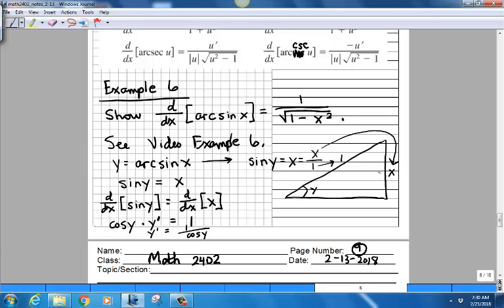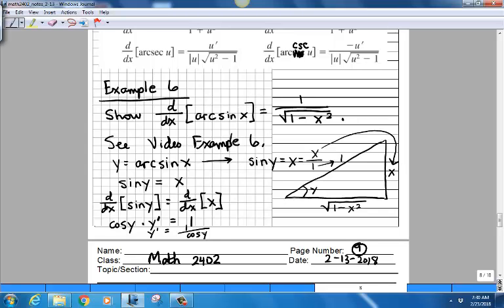Because we know two sides of the right triangle, now we can apply the Pythagorean theorem to find the adjacent side to y. I'm not going to write out those calculations because we've done them before, but when you apply the Pythagorean theorem and solve for the adjacent side, you get that the adjacent side is the square root of 1 minus x squared.